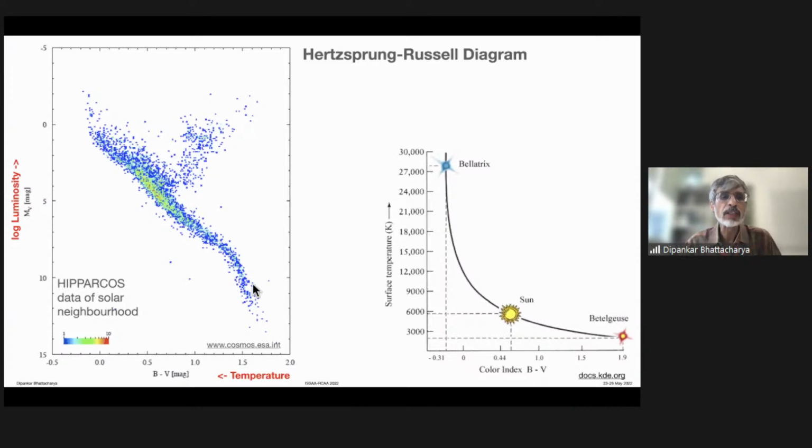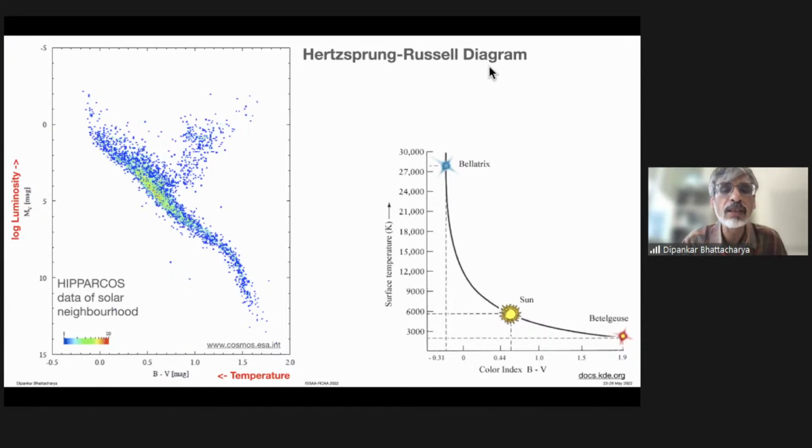So this is Hipparcos data of stars in the solar neighborhood, for which accurate distances could be measured using parallax. And you can see that although a large range of temperatures are possible, and a large range of luminosities are possible, most of the stars seem to fall in a narrow band in this diagram. This diagram itself, by the way, is called the Hertzsprung-Russell diagram.